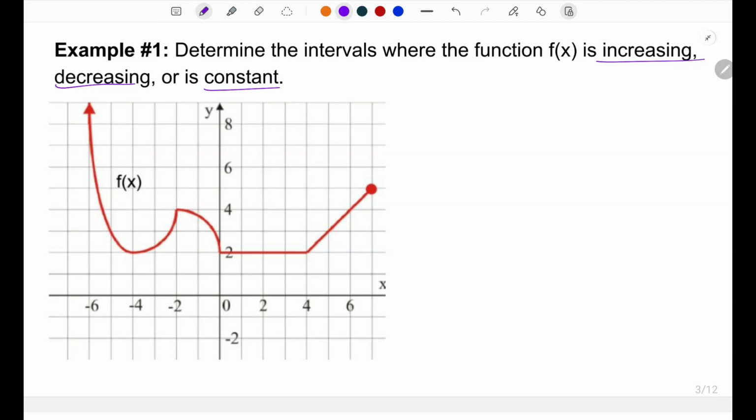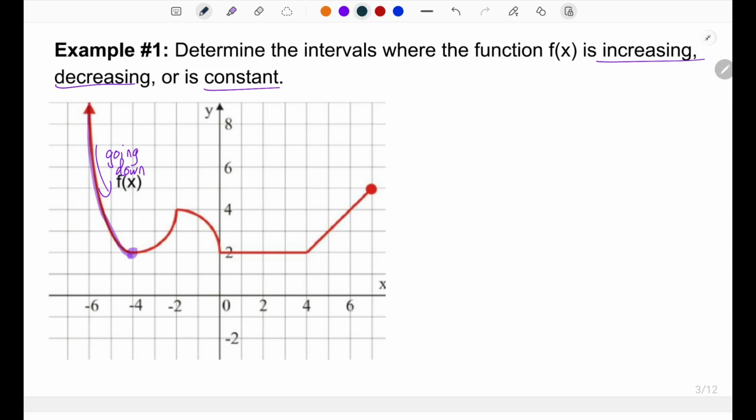So we'll take a look at this first chunk, and to begin with, you're going, again, from left to right, going downwards, downwards, downwards, and eventually you hit some minimum there. So we could say that the function there is decreasing.